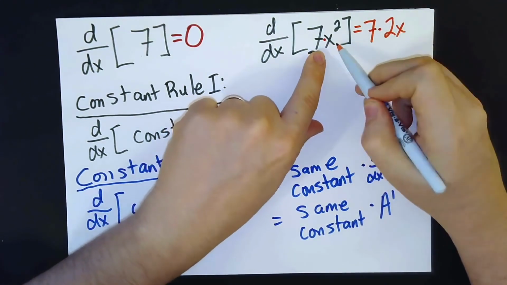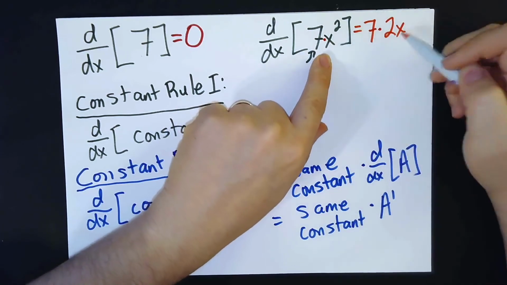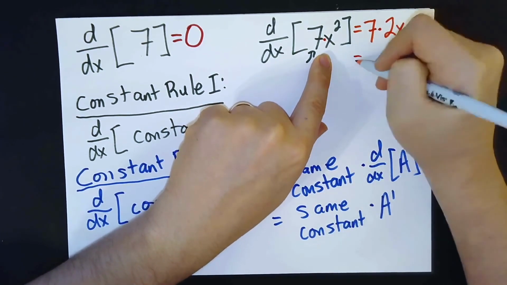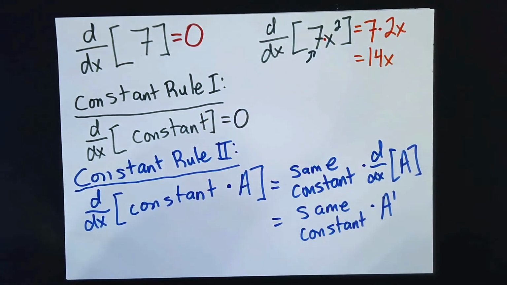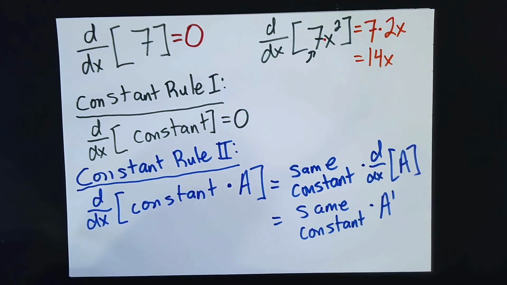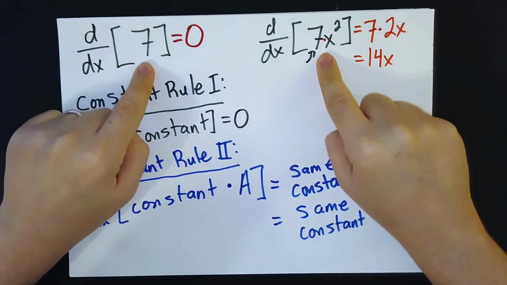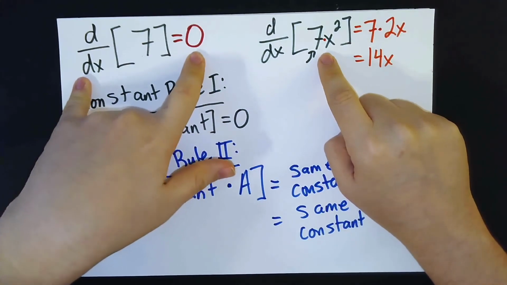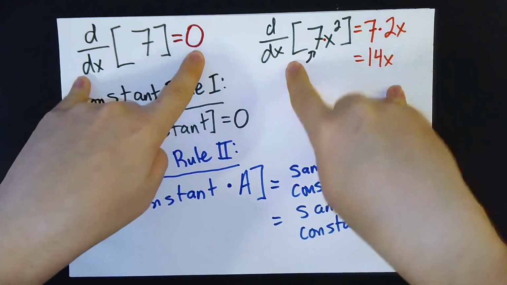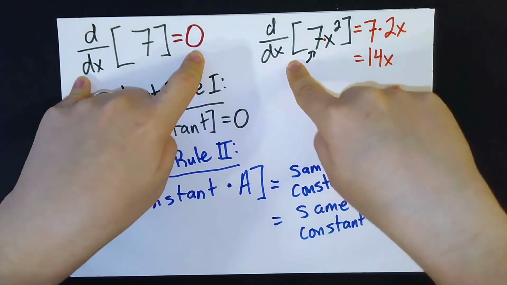And then I multiply that by the derivative of x squared, which is 2x. And so ultimately, this is 14x. We're going to do a number of examples, but it's important to make sure you understand the distinction between this rule, where you just get 0, and this rule, where you keep the constant unchanged.